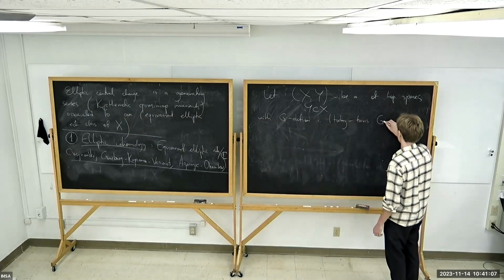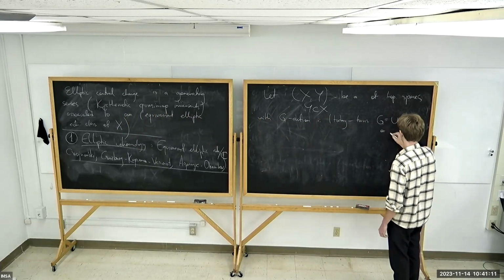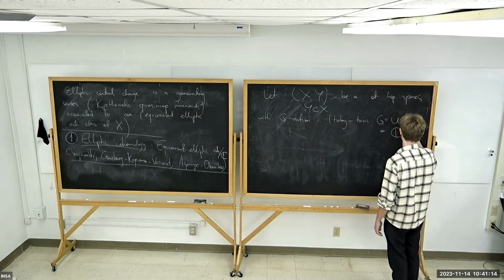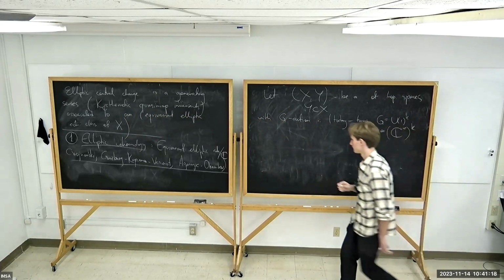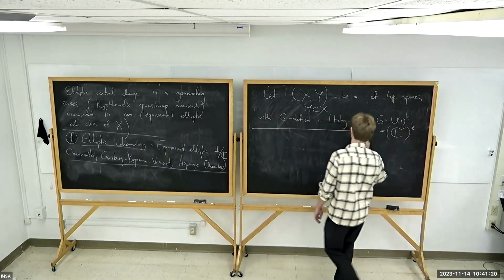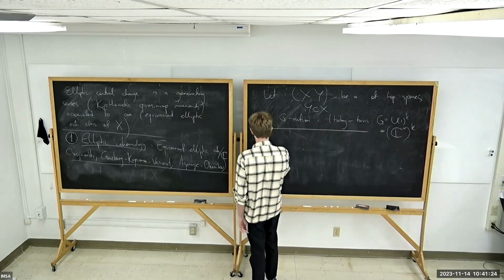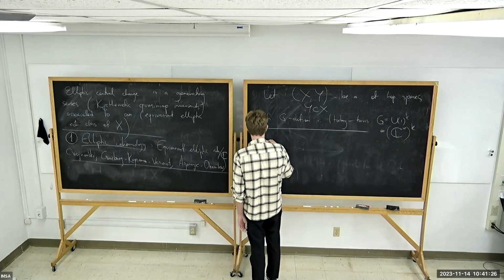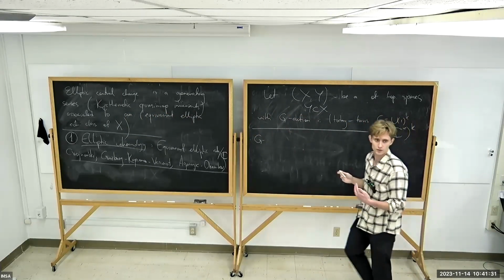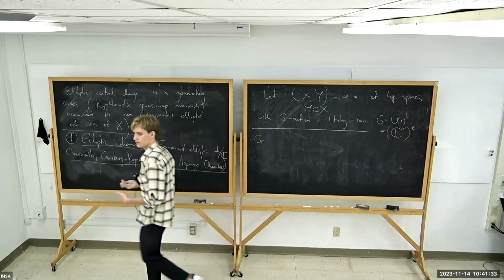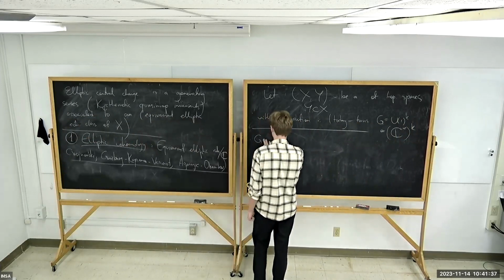So for me, G is going to be U(1) to some power, or C star to the same power. Well, G-equivariant: in principle, those have to be not just topological spaces, but an equivariant version of CW complexes. But let's skip through the details.